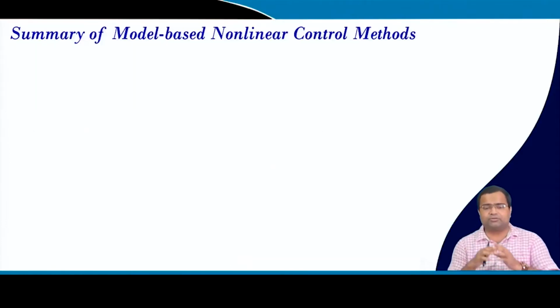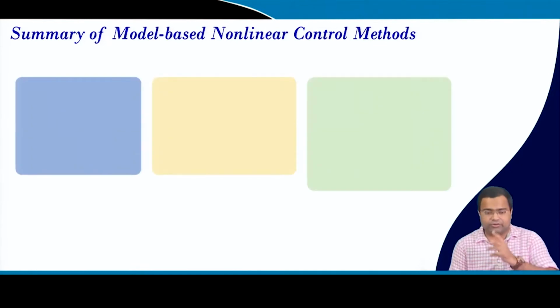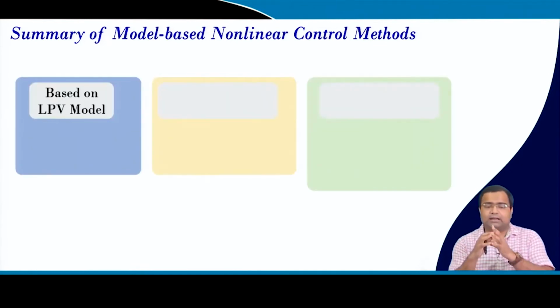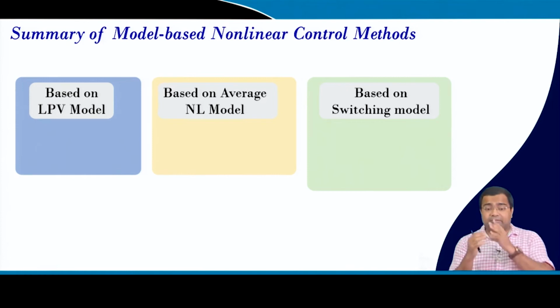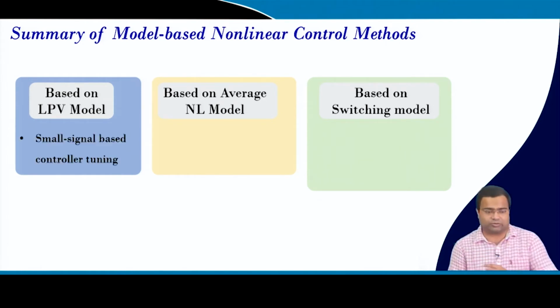So, first we want to summarize what are the control methods that we have considered in this lecture. One is the linear parameter varying model based control, and average nonlinear model based control and switching model based control.